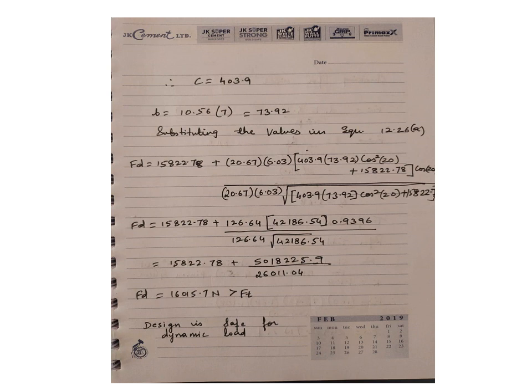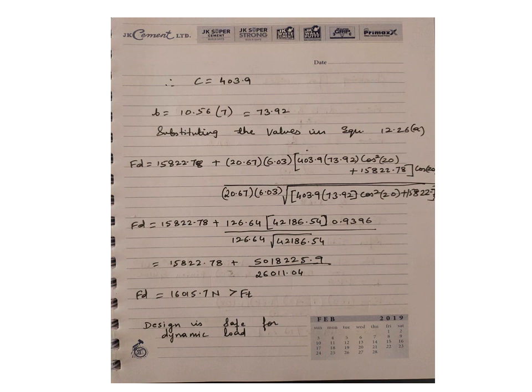Now substituting all these values in equation number 12.26a, K3 is 20.67, V is 6.03, C is 403.9, and b is equal to 73.92, and beta is the helix angle, which is 20 degrees.